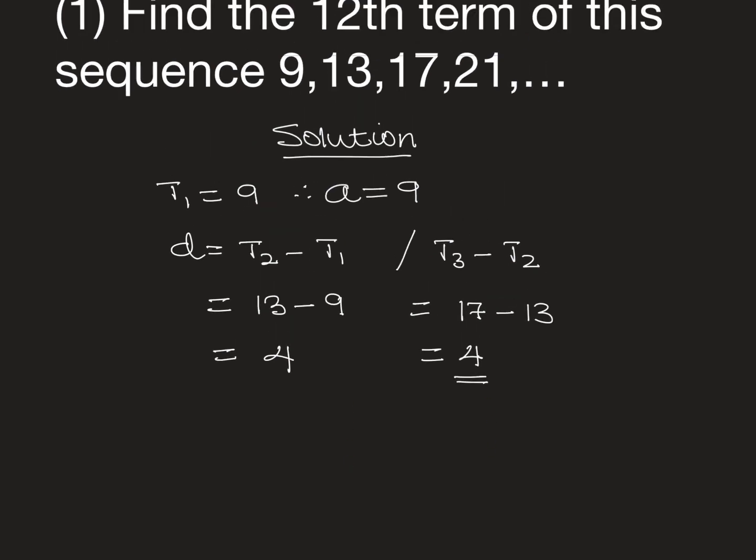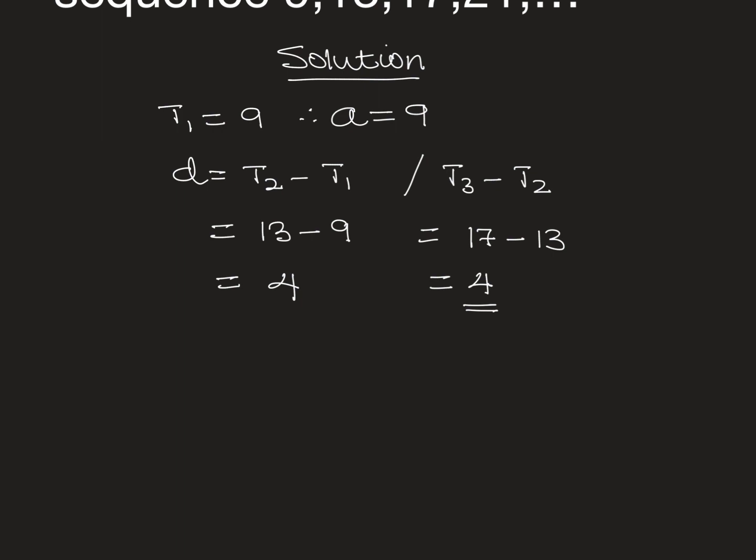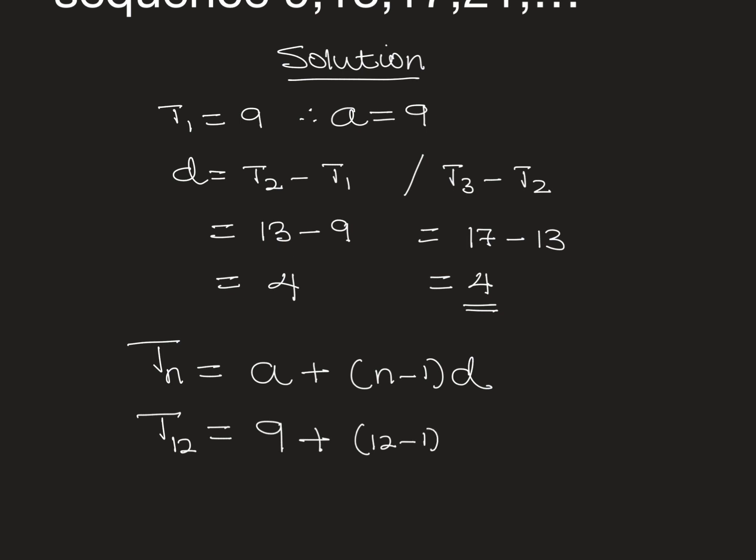I know the first term, I know the common difference, so I will be able to find the 12th term. The formula to use is T sub n is equal to a plus n minus 1 times the difference. Because we are finding the 12th term, it will be T12, where n is the number of terms. This will be equal to a, the first term, which is 9, plus 12 minus 1 times the difference, which is 4.